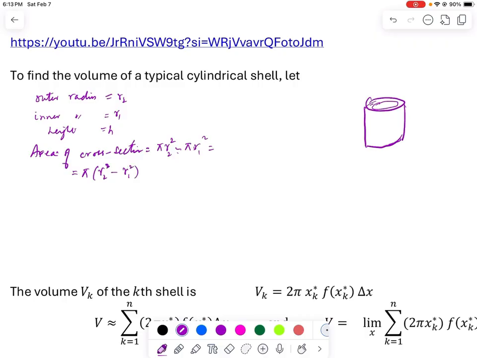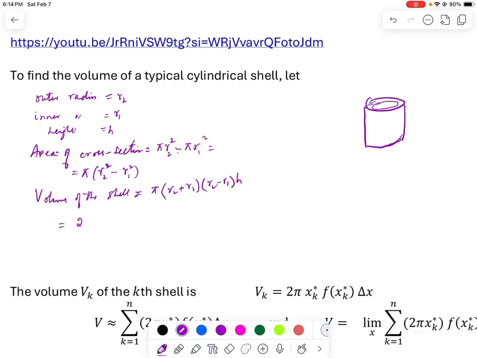So now the volume of the shell will be equal to pi into R2 plus R1 times R2 minus R1 times H. That will be the volume, and now we do a little bit of manipulation here.